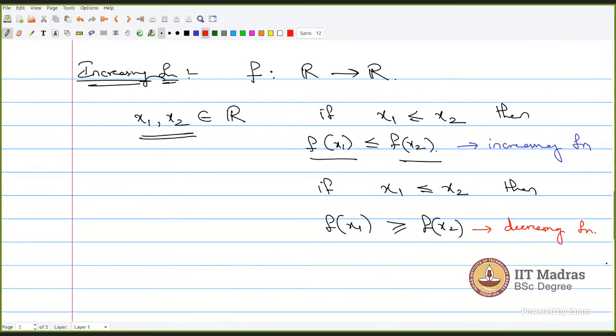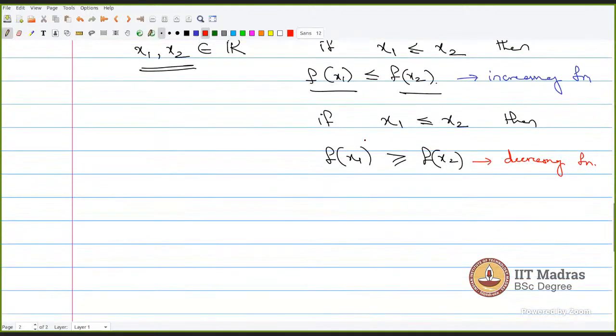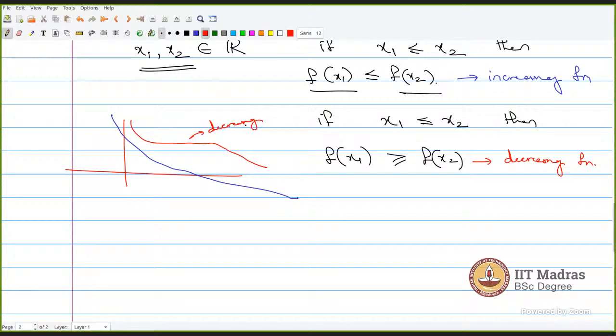Strictly decreasing means just remove the equality signs. Graphically, this is a decreasing function, and this is a strictly decreasing function. A decreasing function can be constant in some area, but a strictly decreasing function should continuously decrease in any interval.